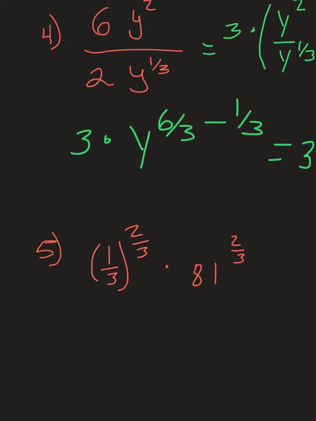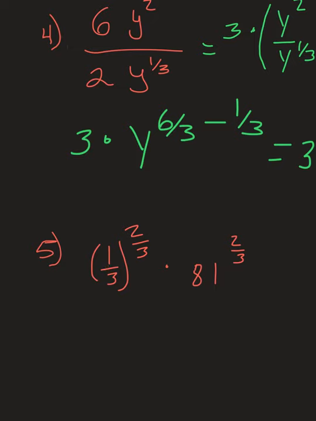If we have numbers multiplied together with the same power, what rule is going to help us here? Well, the rule that's going to help us here is the power of a product rule, okay? And what that says is that if it's raised to the same power, what we can do with our numbers, the 1/3 and the 81, is multiply them together.